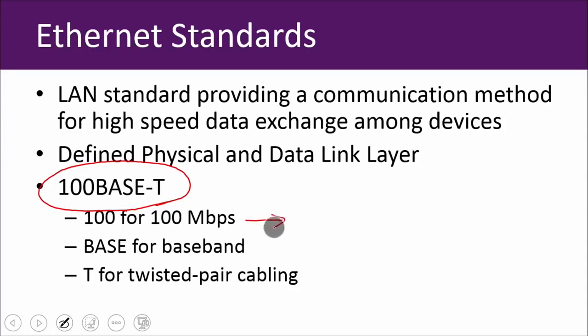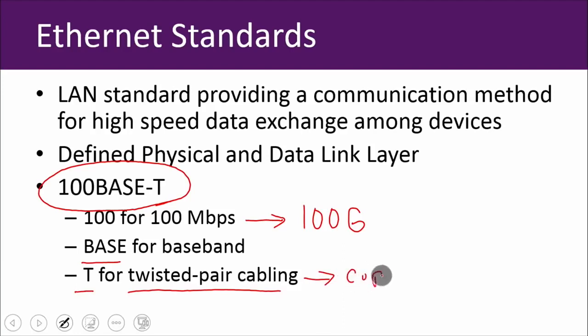If it was in gigabytes, it would be 100 with a capital G, right? Base is short for baseband, which is a technology that we can detail a little bit later. And then T stands for twisted pair cabling. So we know that the medium that's being used is just copper wire. Okay. Keep that in mind.